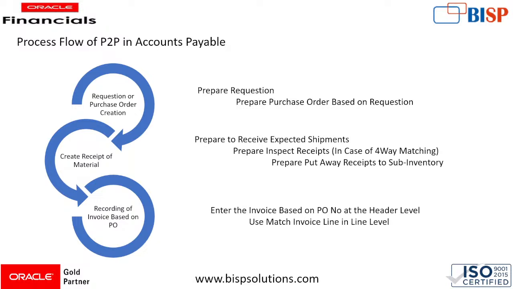Then we will enter the invoice based on the PO number at the header level and use matching invoice line at the line level. We will now navigate to the application to see how things are performed in the P2P cycle.